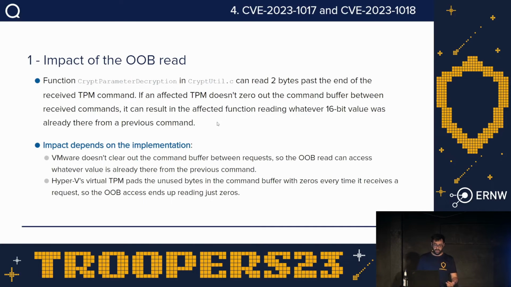In either case, even in the case of VMware, even if I was reading 2 bytes from a previous command, I wasn't able to do anything really useful with that. I wasn't able to exfiltrate or retrieve them. So I wasn't very happy with that. This wasn't very impactful, but that's it.